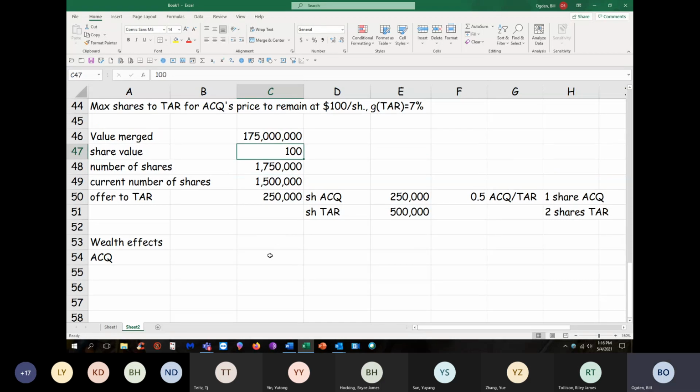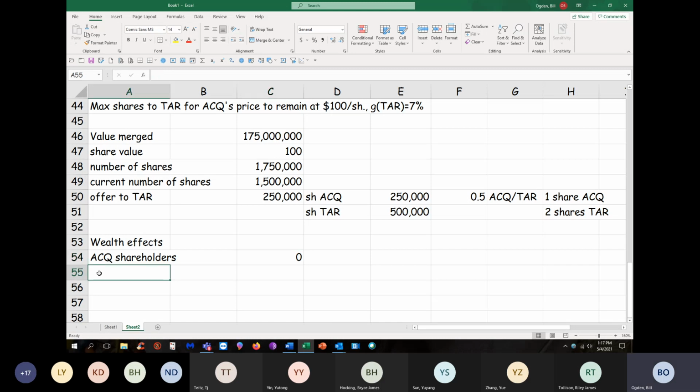So the wealth effect for the ACQ shareholders is zero. The goal for this transaction was to maintain their $100 share price. All right, that's not so bad.